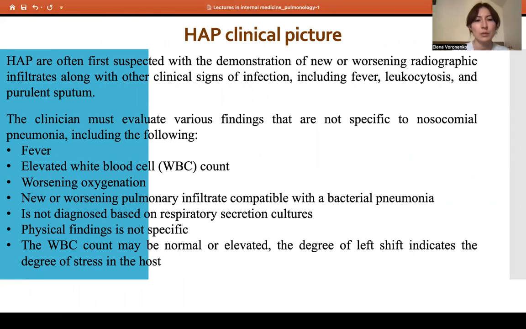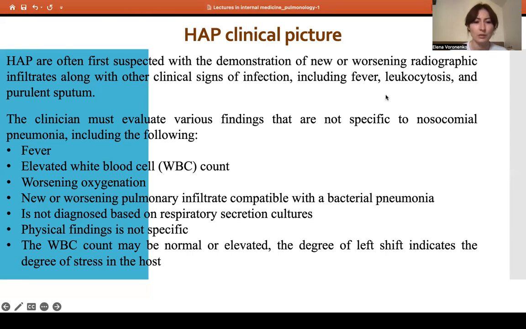The clinician must evaluate various findings that are not specific to nosocomial pneumonia, including the following: fever, elevated white blood cell count, worsening oxygenation, new or worsening pulmonary infiltrate comparable with a bacterial pneumonia, and the diagnosis based on respiratory secretion cultures.